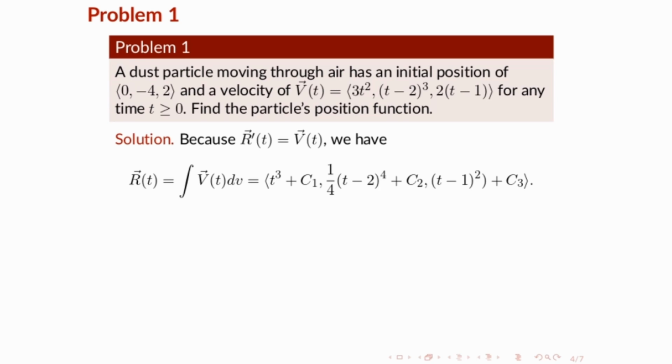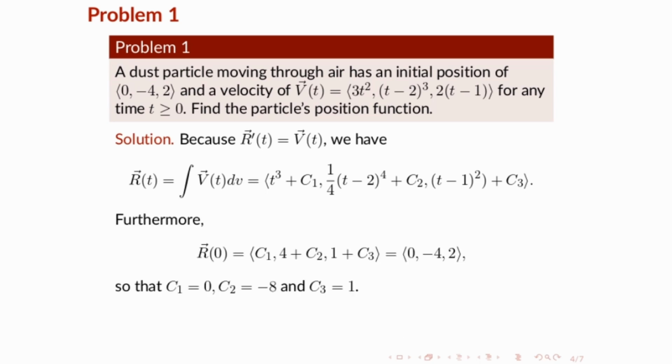Because we have these constant terms, we can't get the exact value of this integral, right? But we can, because we have the initial position. And so, using this initial position, we can evaluate the function at t equals 0 to get constant 1, 4 plus constant 2, and 1 plus constant 3.